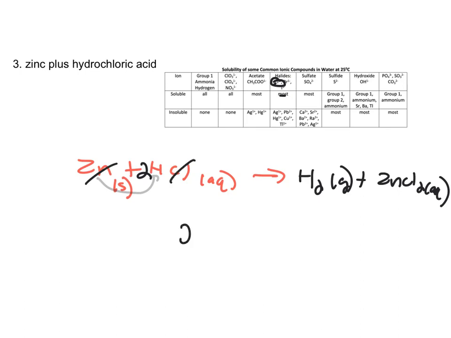And my net ionic equation is 2H+ in aqueous solution yields H2 gas. And I crossed out the spectator ions, the ones that were in aqueous solution. I eliminate them from both the reactant and the product side.